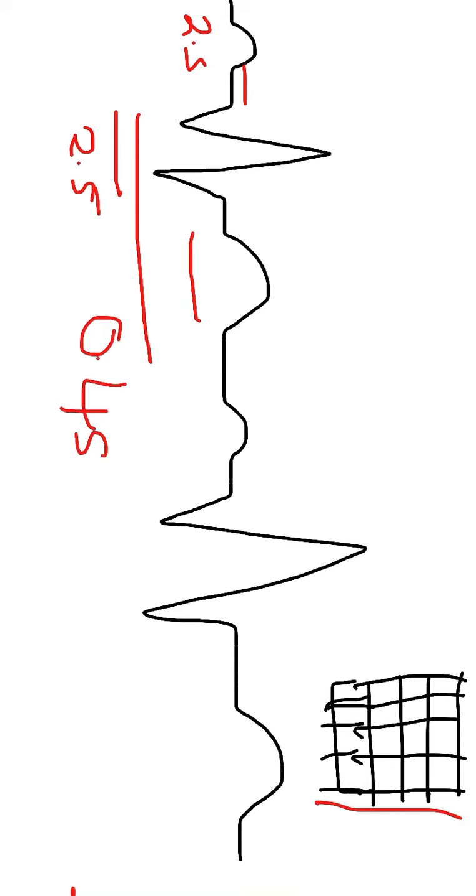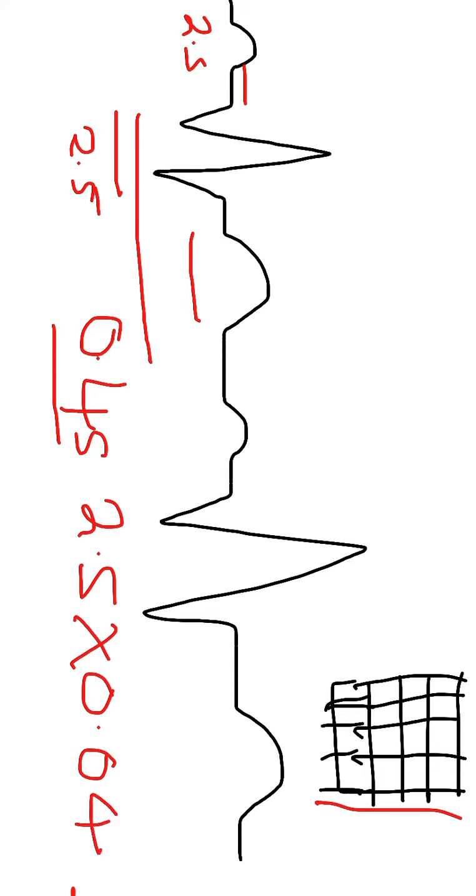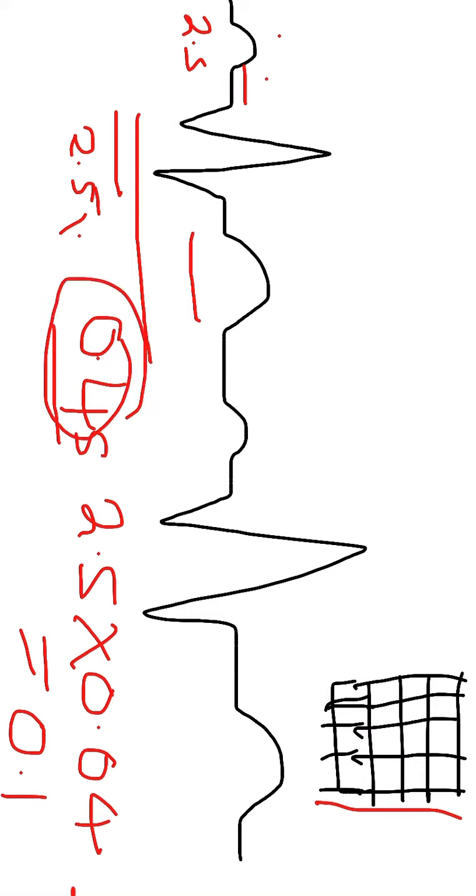So my question to you is, how many boxes is this? We can calculate how many small boxes the 2.5s are by just calculating 2.5 times 0.04. So that will give us 0.1 second. So we're talking about 0.1 second there, 0.1 second there, 0.1 second here, and then you guys can calculate how many small boxes are in 0.4.